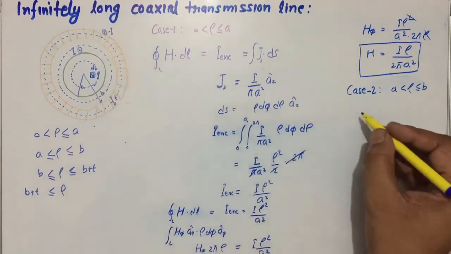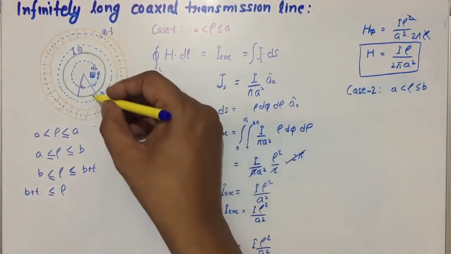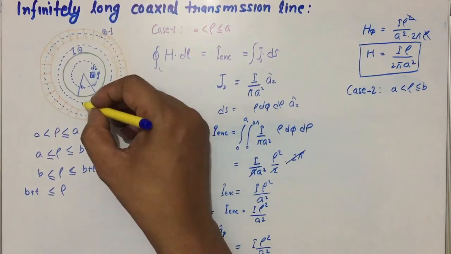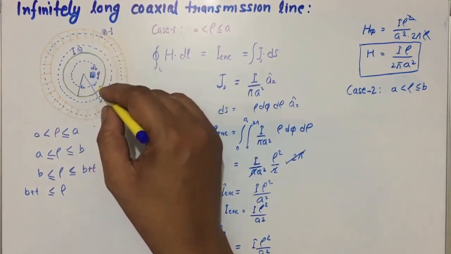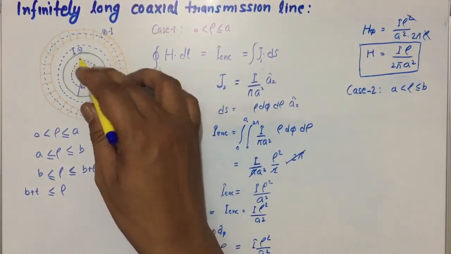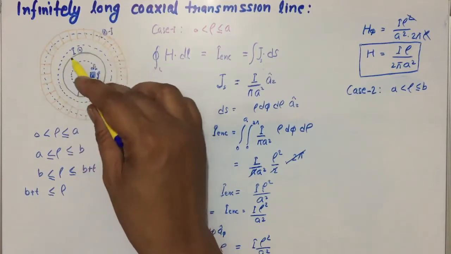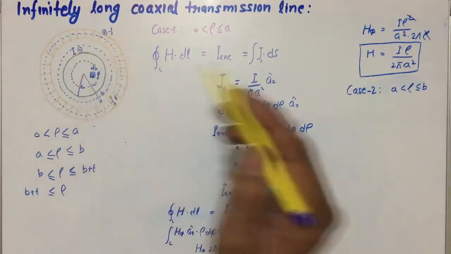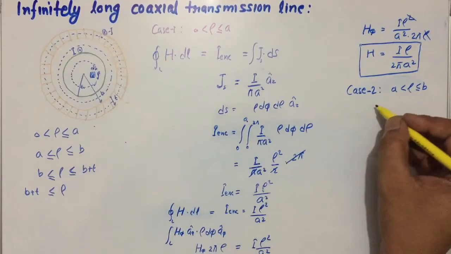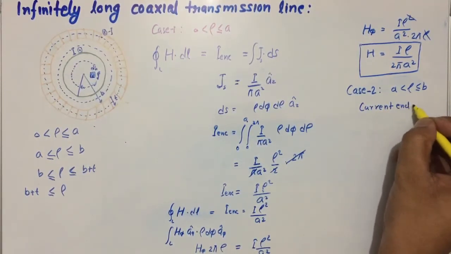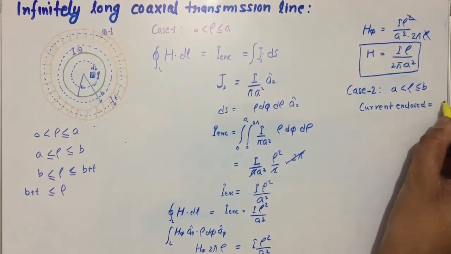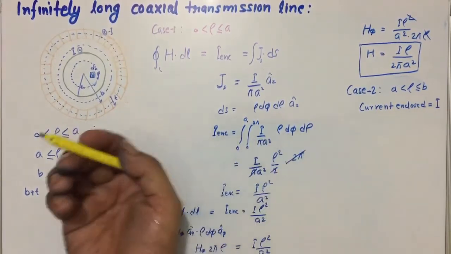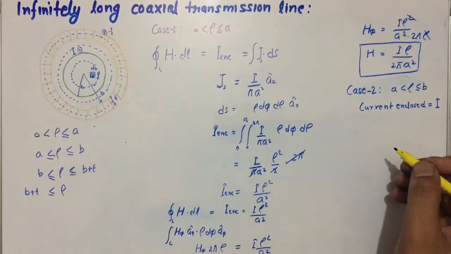In that case, if we are having any path from here to here, the current enclosed by this circle will be the total inner conductor current. So the current enclosed in this case will be the total current coming outward, positive I.